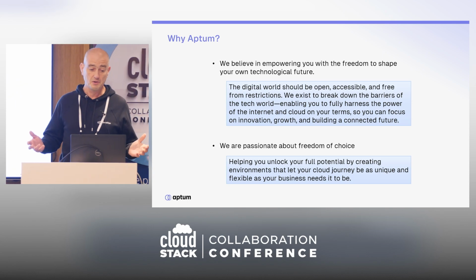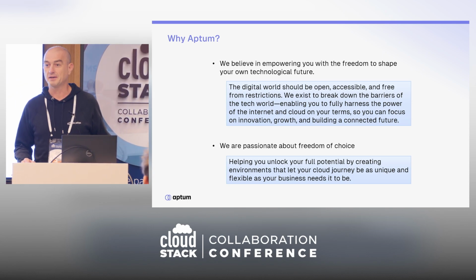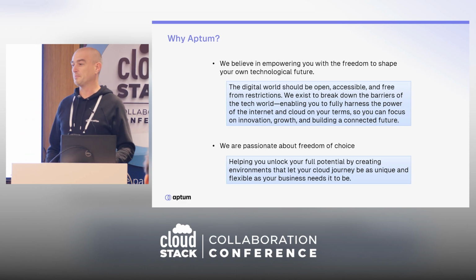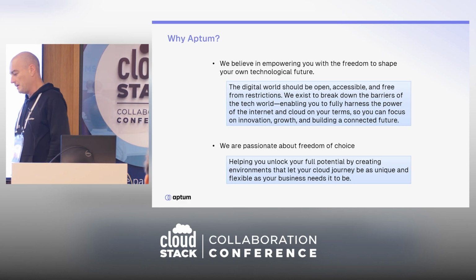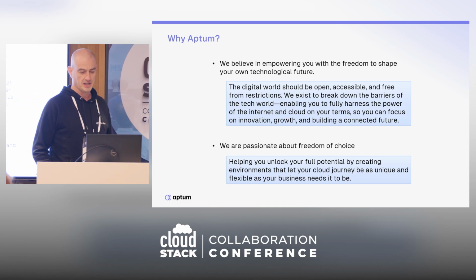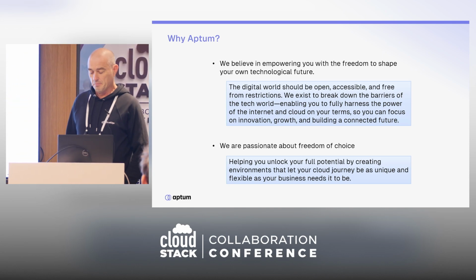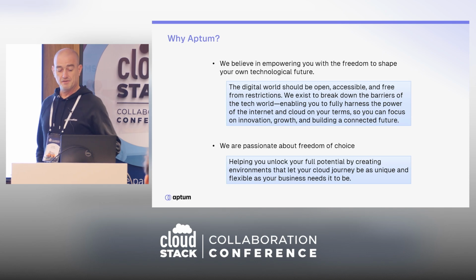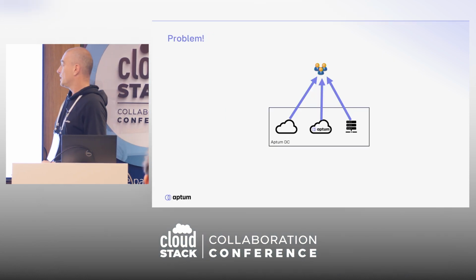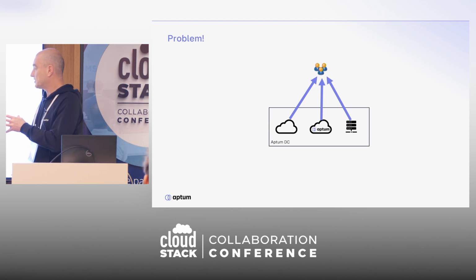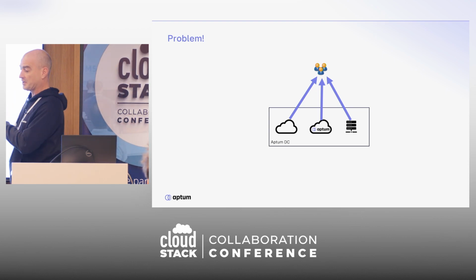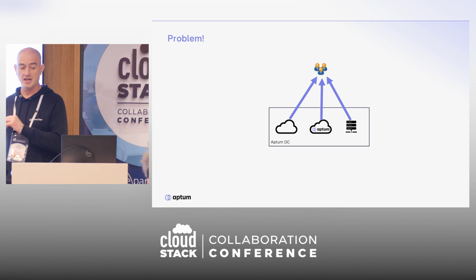So again, you're probably still asking, why the hell is Aptum here? Because you've spoken a lot about managed services, hyperscalers, networking capabilities and data centers. But the reality is we had a problem. The problem really was with our data centers, with our private cloud solutions, with our virtual private cloud solutions, and with the colo that we're offering from our data center.